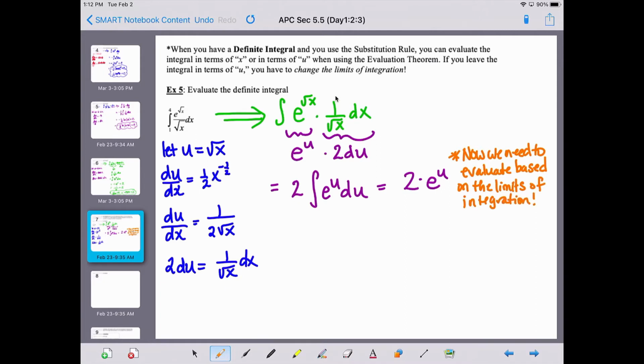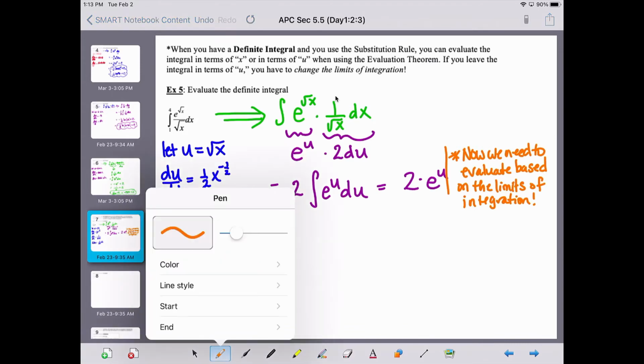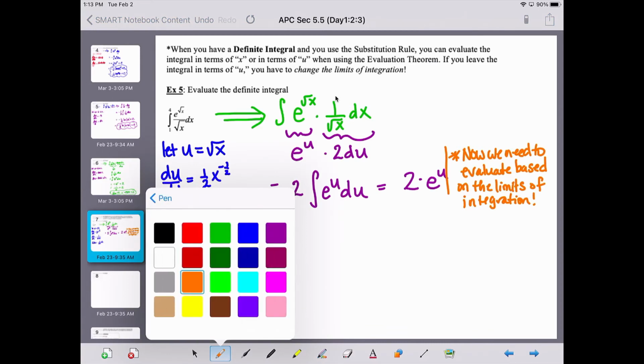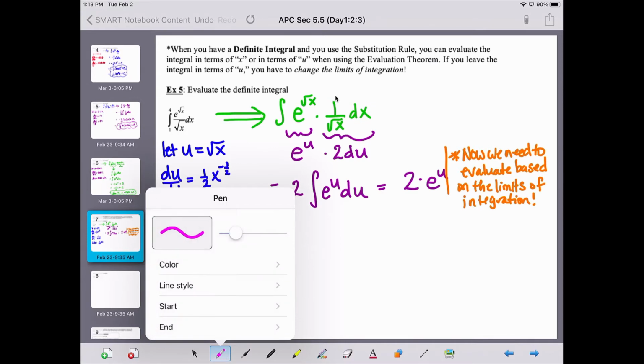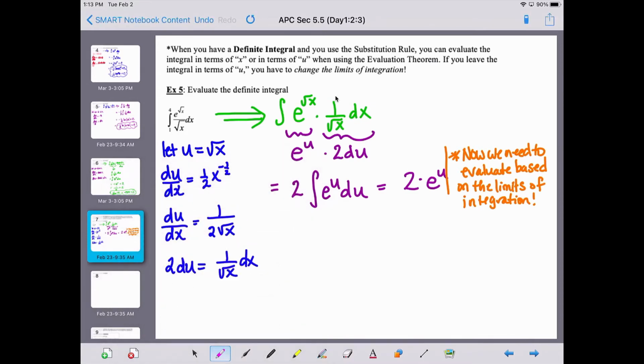Right? Because normally we would write this and we'd put that little bar here and then we'd put our limits of integration on the top and the bottom. And so there are 2 ways that we can evaluate this. One way is by leaving it in terms of u, and the other way is by changing it back to x. I'm going to show you both, and I'm going to show you that you get the same answer either way. So you just have to pick the method that you prefer and go with it, okay? So our first option here is if we leave it in terms of u.